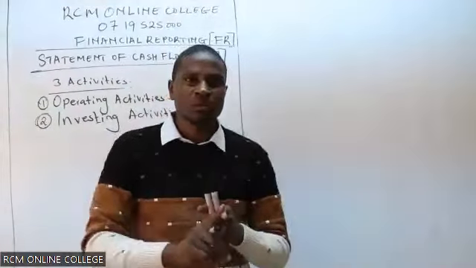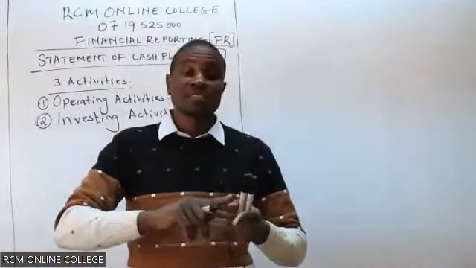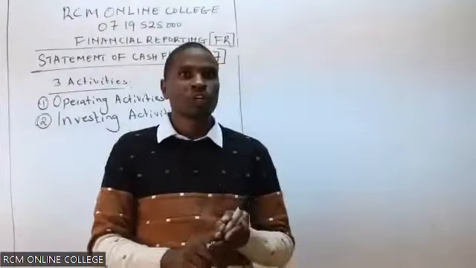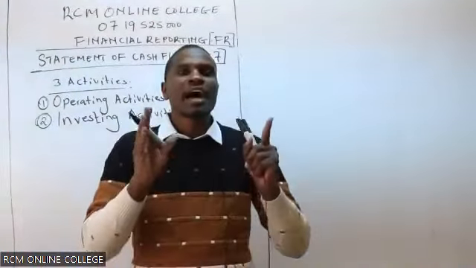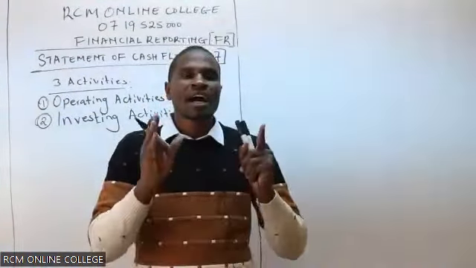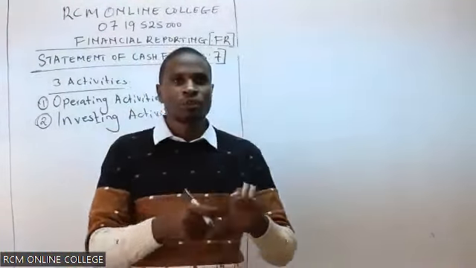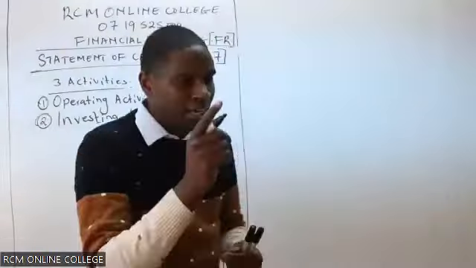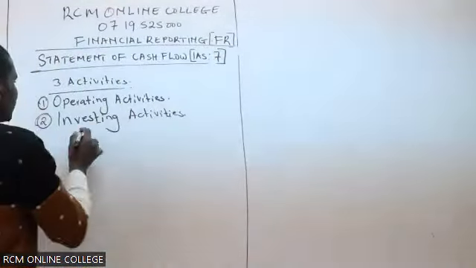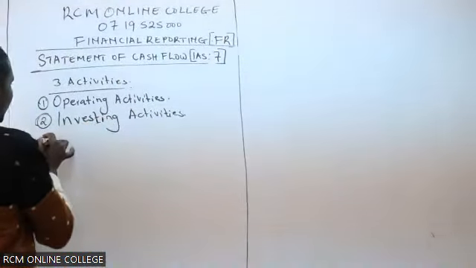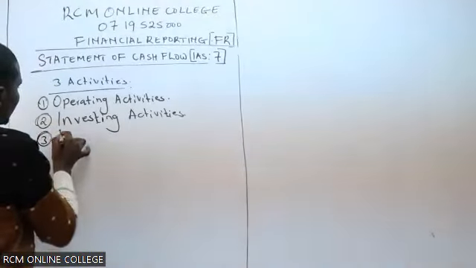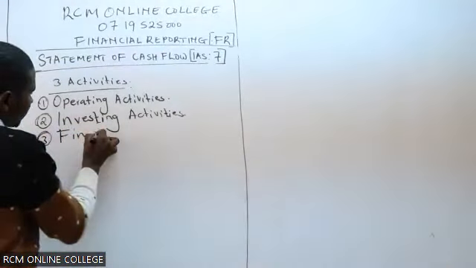You can invest in a motor vehicle. You can invest in real estate, those are buildings, and so on. You can purchase a motor vehicle and sell. You can be doing that business of purchasing and selling. Investing activity. Then the last activity is financing activities.